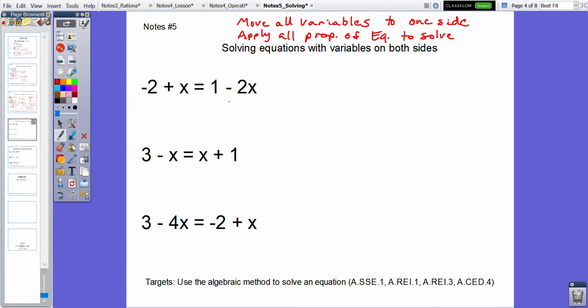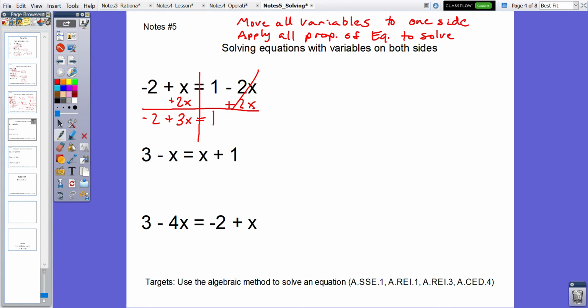I'm going to apply the addition property of equality, so plus 2x, and I'm going to add 2x to the left side as well. That means I'm left with only one side that has an x on it. X plus 2x gives me 3x altogether, which leaves me with -2 plus 3x equals 1.